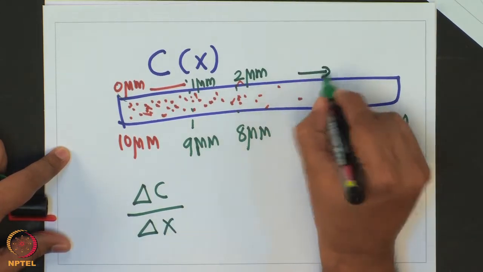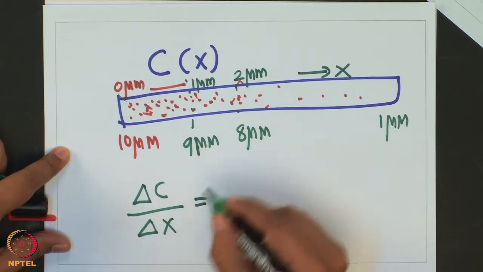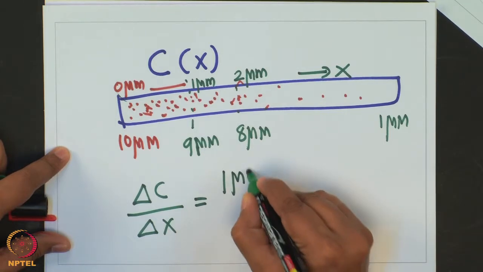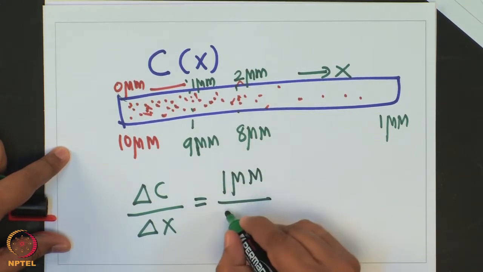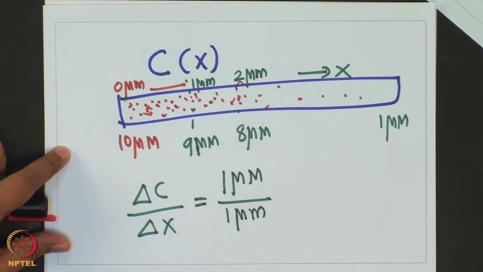So as I go along x, the concentration is changing, about 1 micromolar per every micrometer.